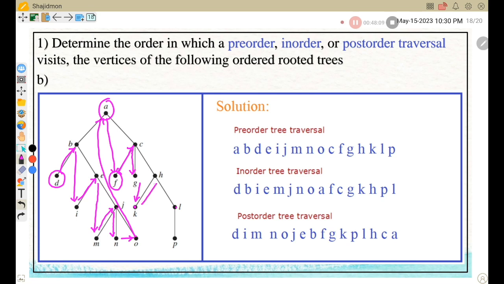Then K to H, then H to P, and after P we visit the L vertex, okay? Here there is no right part, so we stop at L. So this is the in-order traversal.